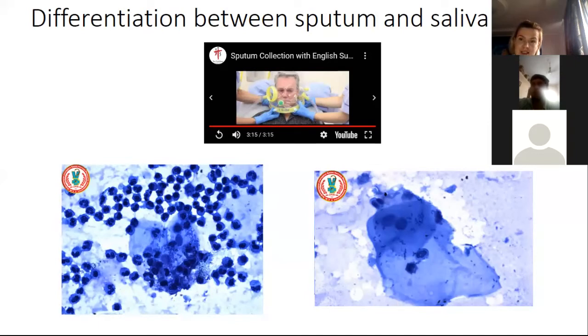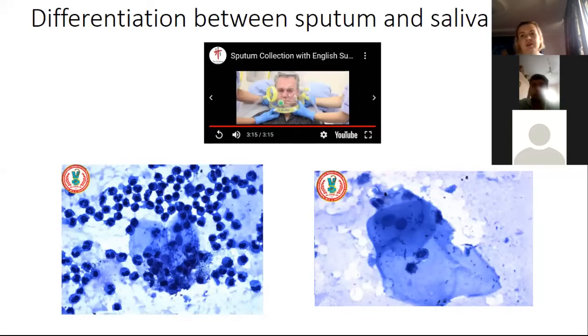If you detect less than 15 leukocytes and more than 10 epithelial cells in the smear, you should record this result as saliva. This is a false result or false material. You should retake the sputum from the patient.